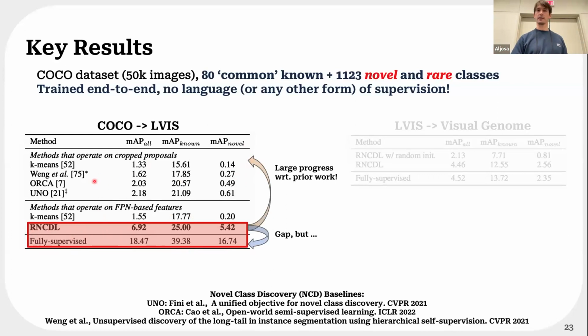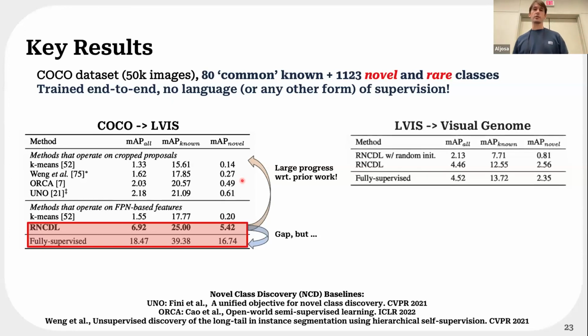These baselines that I'm listing here are all adapted from the literature on novel object class discovery in the context of image recognition, and they're all applied on the same set of region proposals sampled from the RPN as our method. So this is really an apples-to-apples comparison. But then there's also this interesting result that if you adapt the LVIS model on the Visual Genome dataset, we actually get really close to the performance that we get with the fully supervised model.